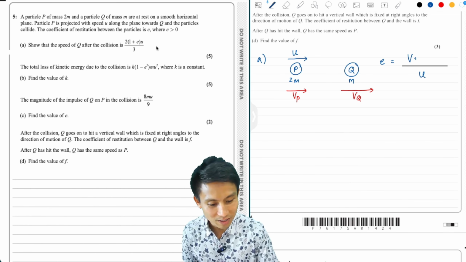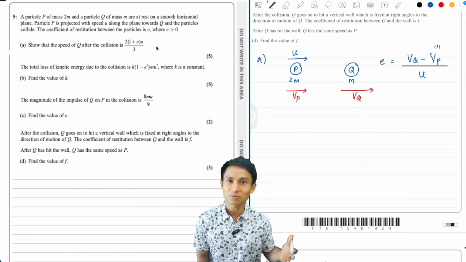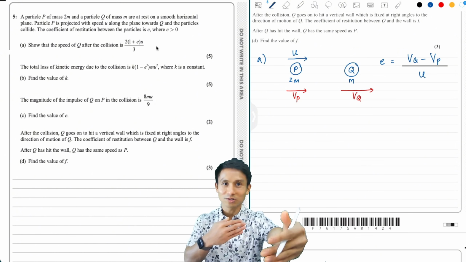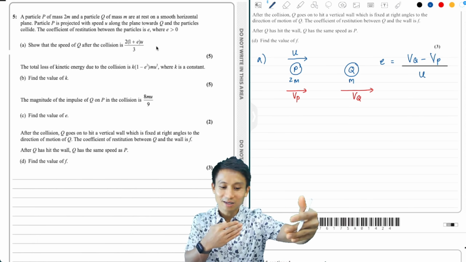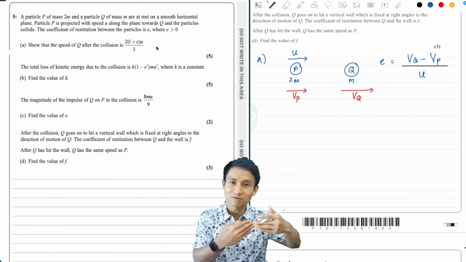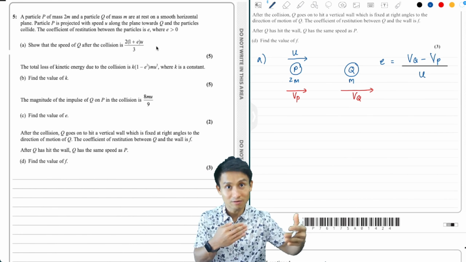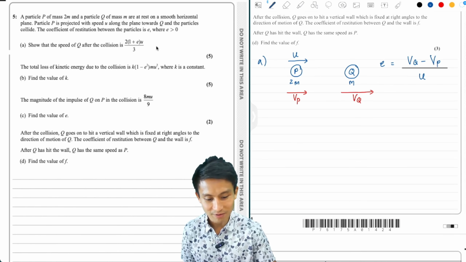So we do VQ minus VP here. And that's the relative speed. Because if they both go to the right, the extent by which the speed of Q is greater than the speed of P will be the relative speed. Okay, so that's why I have that equation. Well, let's keep it there for the time being.